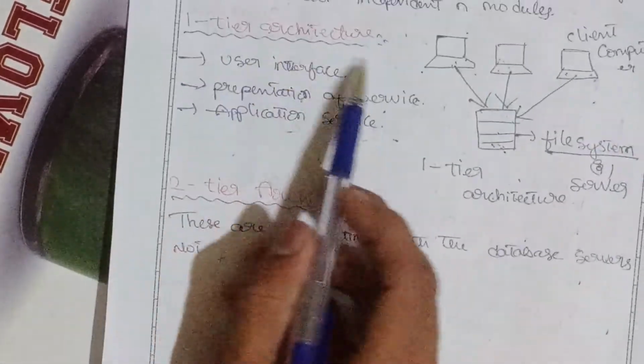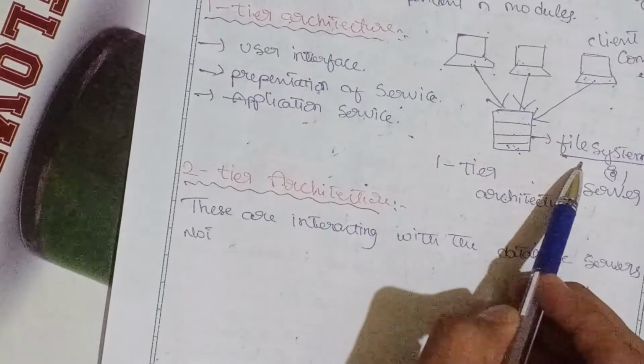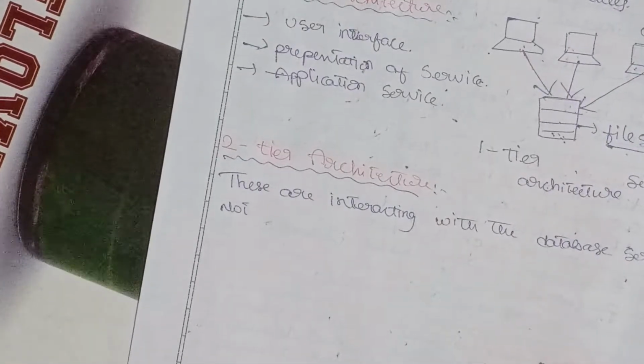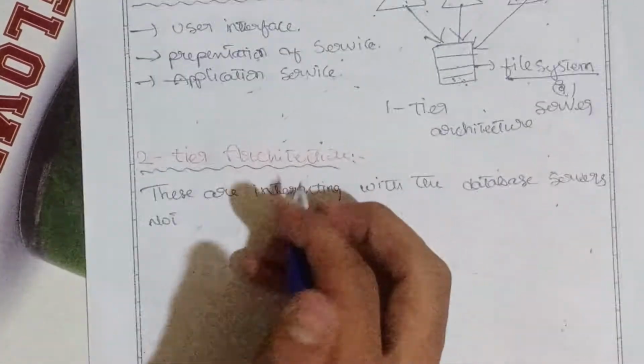First we write the definition: these interact with the database servers, not file servers. In one tier architecture it interacts with file servers; in two tier architecture it interacts with database servers.